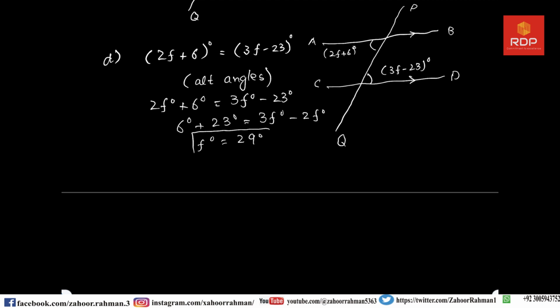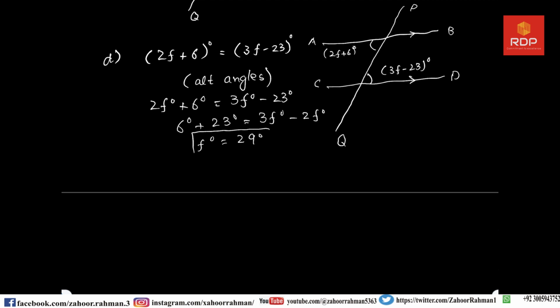Ladies and gentlemen, this angle must be equal to this angle because of the alternate angles theorem. So I wrote that 2f plus 6 whole degree is equal to 3f minus 23 whole degree by the alternate angles theorem.